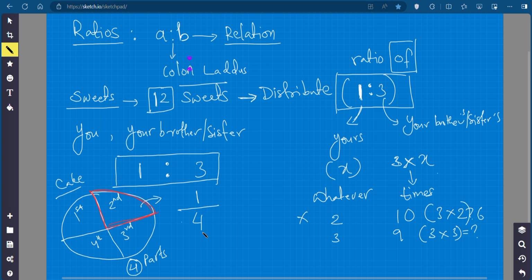There are 4 slices in total, but I'm talking about only one slice, which was the second slice. So I can say this slice, my second slice, is actually 1 by 4 part of the whole pizza, isn't it? It looks like 1 by 4th. Well, 1 by 4th means quarter, it means it's the fourth part of the total pizza.